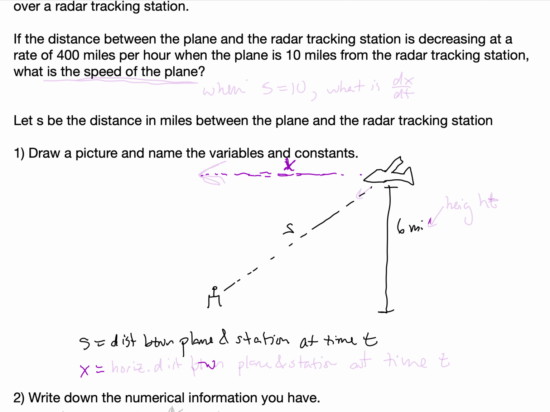So x could be the horizontal distance between the plane and the station at time t. And we know that the height, y, is always the same. So notice that we've also got this vertical distance that will be useful.